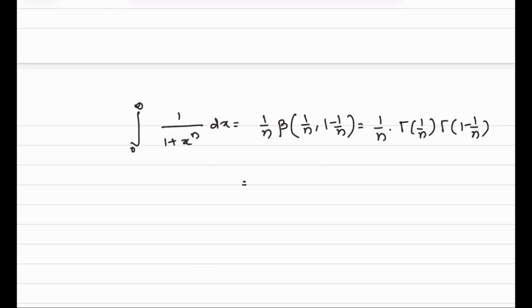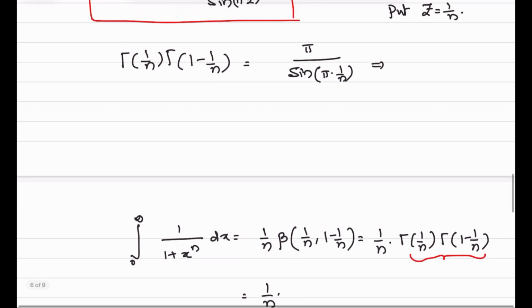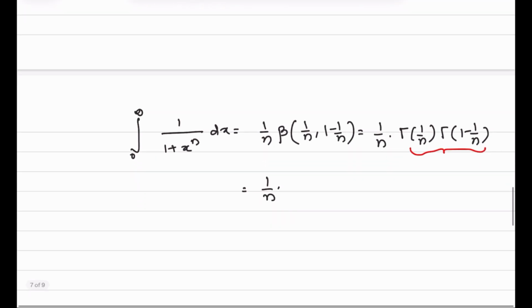Hence, its value becomes 1 by n into, what is the reflection value? This is the reflection formula. For the reflection formula, what is the value? Pi by sin pi by n.